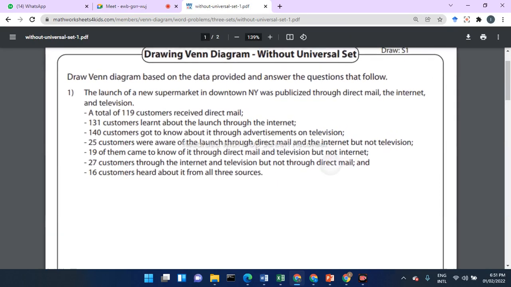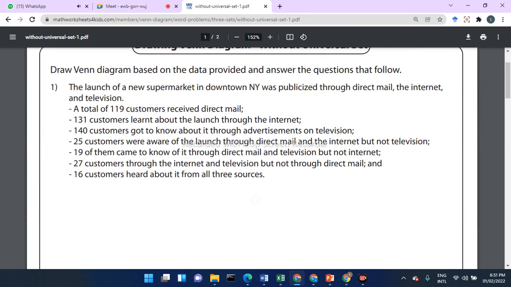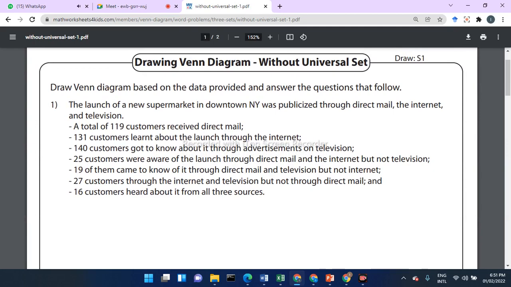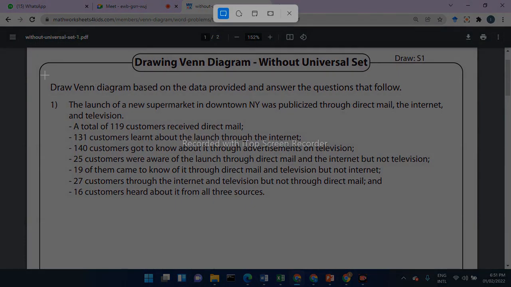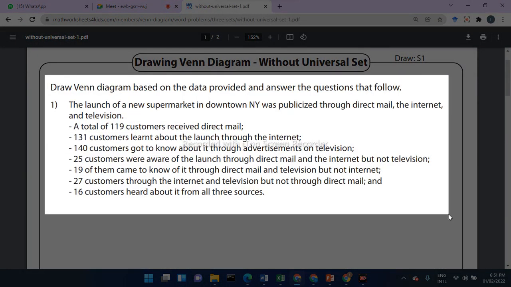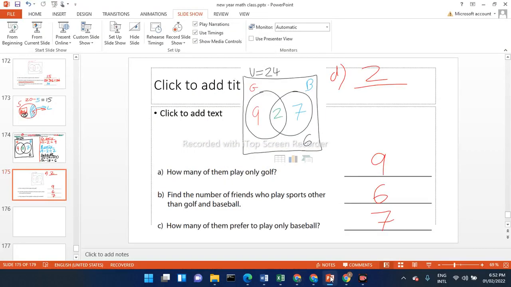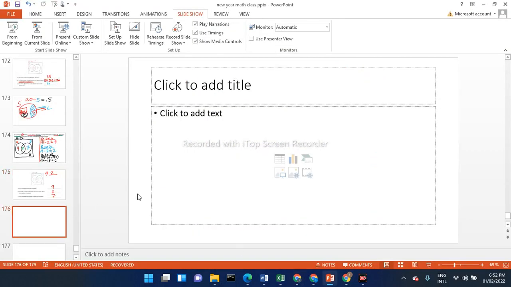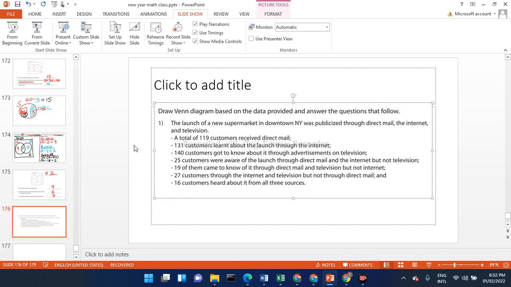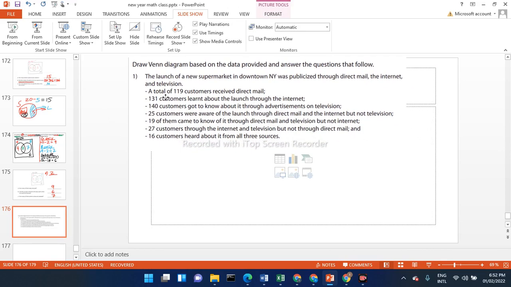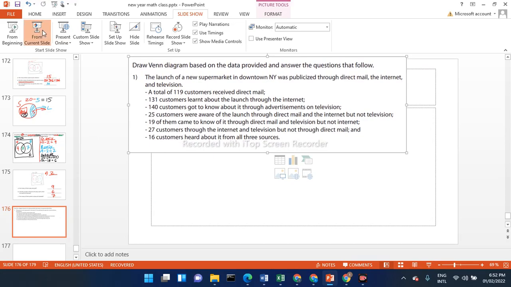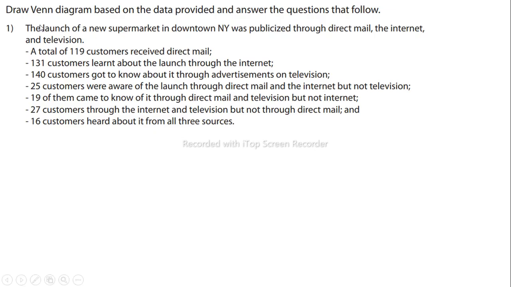So please write this down. We gotta make the Venn diagram based off of this information. Draw a Venn diagram based on the data provided and answer the questions that follow.